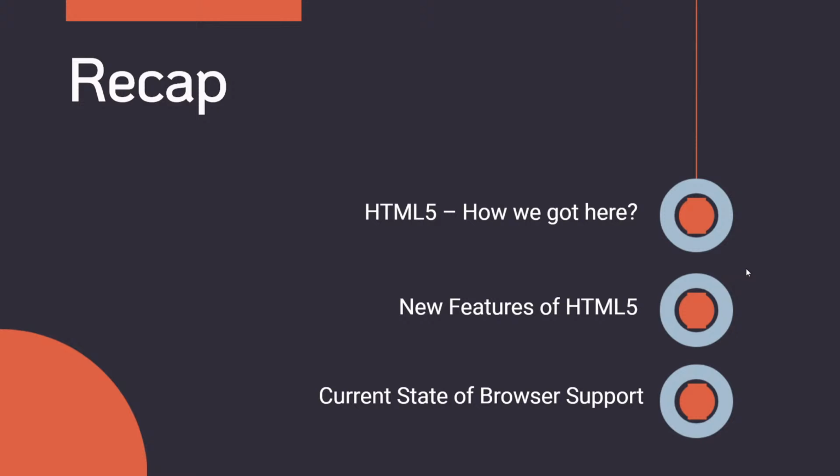Third, we talked about the current state of browser support, where browsers give you some support for HTML5 features and which browser is supporting what features. We saw two ways. One is manually seeing by going to html5test.com, which will allow you to know whether the browser is supporting the current feature or not.